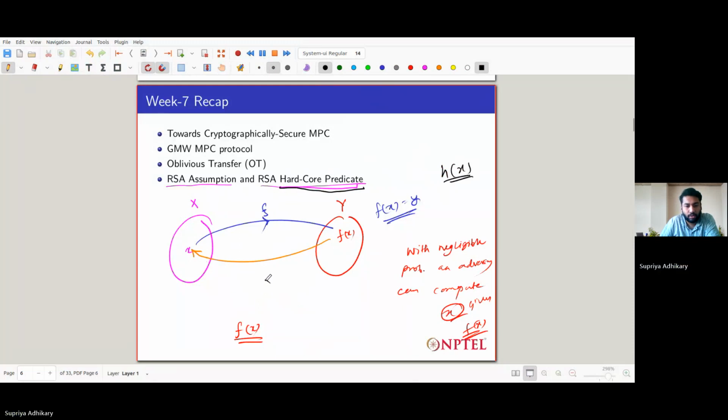Suppose this is our set, let's say Z, and there is a function h that maps x to h of x. Now, instead of finding x, given f of x, we just have to find h of x. This h function is called a hardcore function or a hardcore predicate.